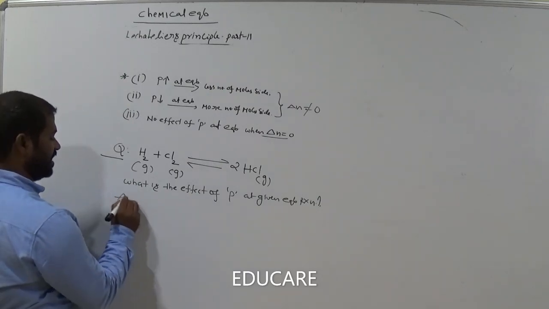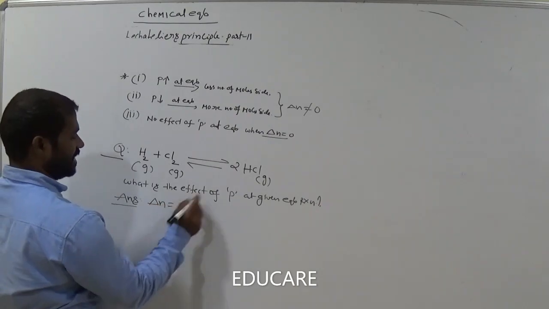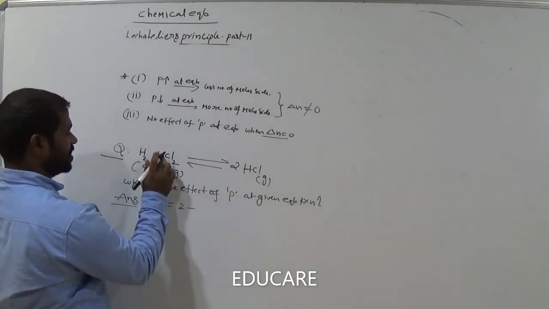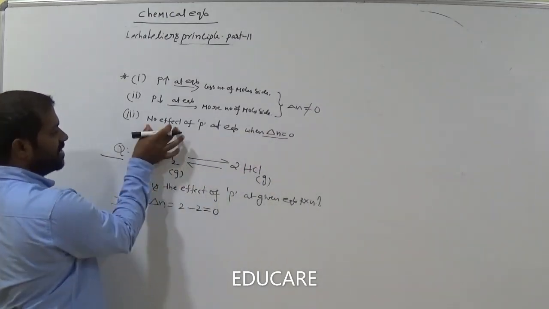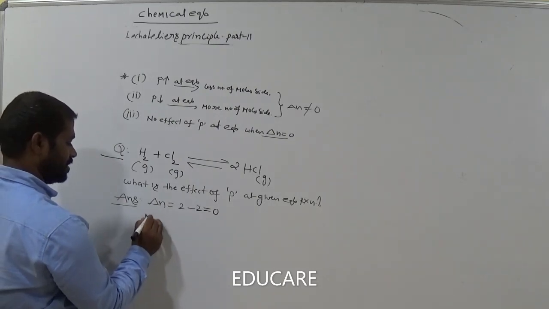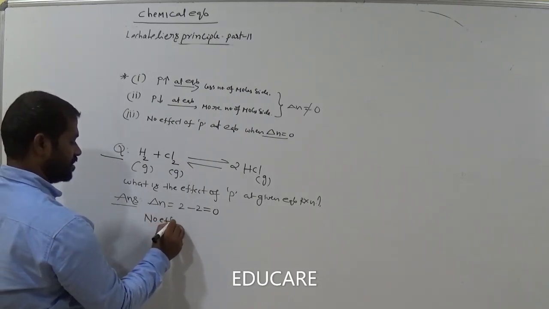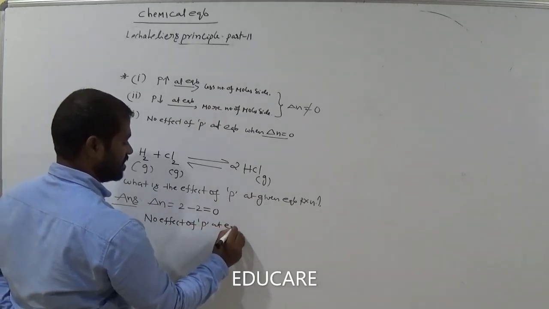Simply the answer is, first you have to check delta N: number of moles of product 2, number of moles of reactant 1 plus 1, 2. So delta n becomes 0. Then what happened? No effect of pressure at equilibrium.